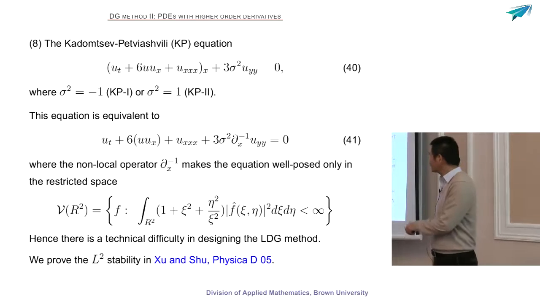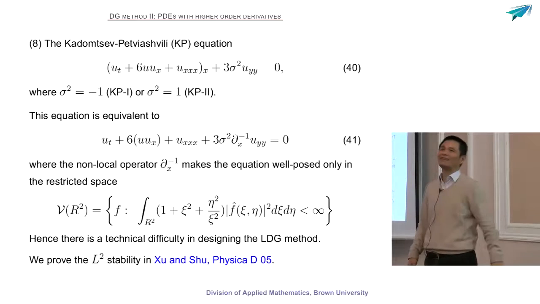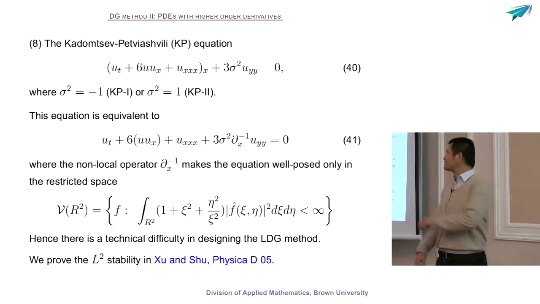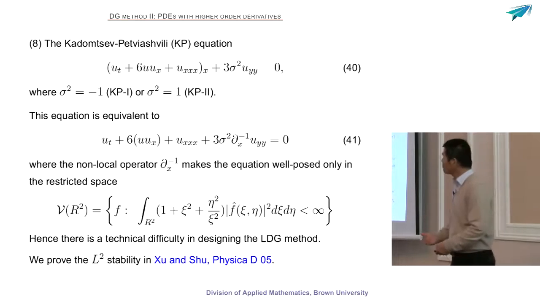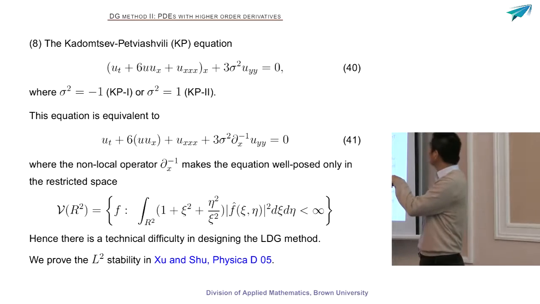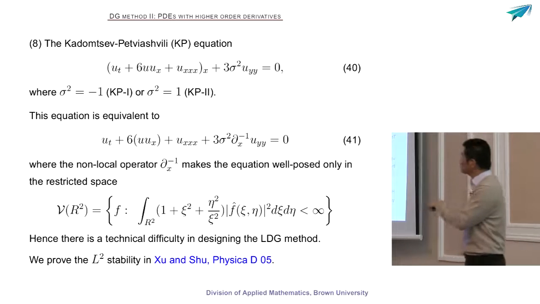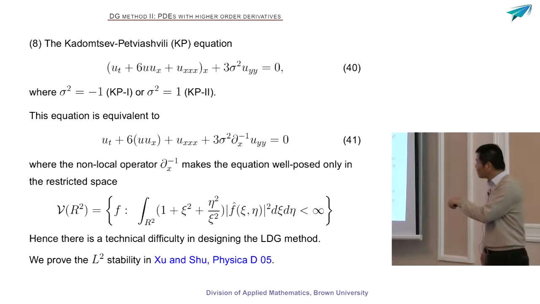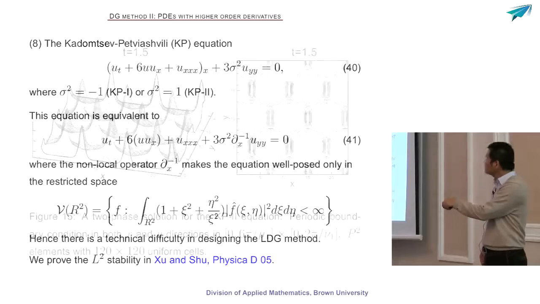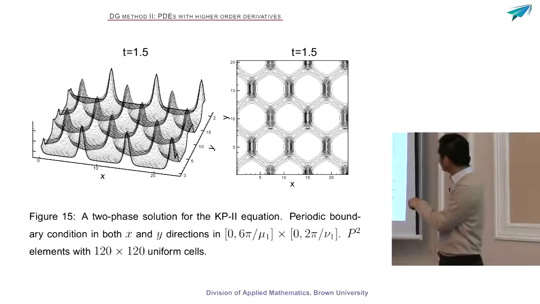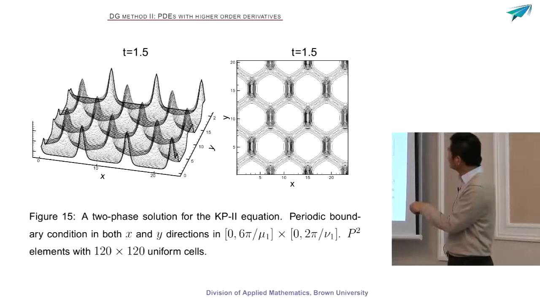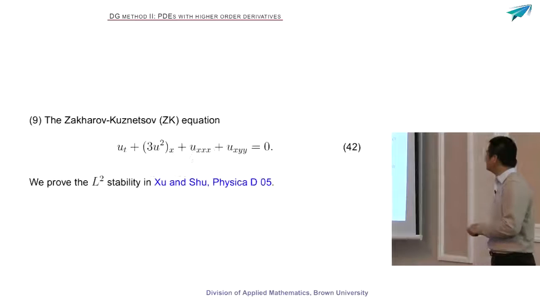But if you add a constant, of course, this is no longer less than infinity. So in this class, the solution is unique. Then it took us some time to figure out a correct formulation of the DG scheme, which actually later worked out very nicely. So you can prove L2 stability in this class. And you get the solutions which look like that. So T equals 1.5. I think this is KP2. So for KP2, you get this kind of structure, very beautiful structures.